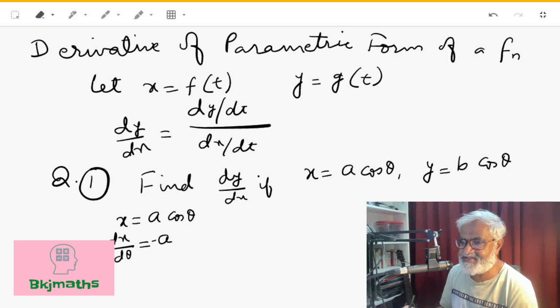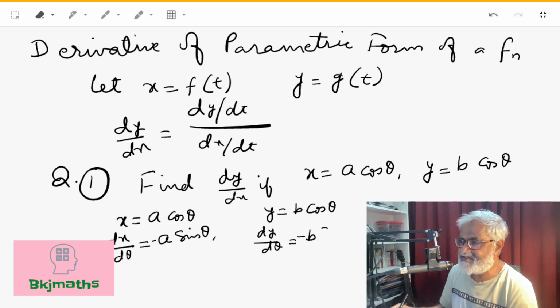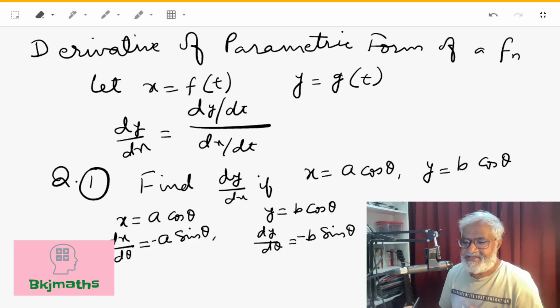Now find dy by d theta. y equals b cos theta. Differentiate with respect to theta. So dy by d theta equals b is constant and derivative of cos theta is minus sin theta.